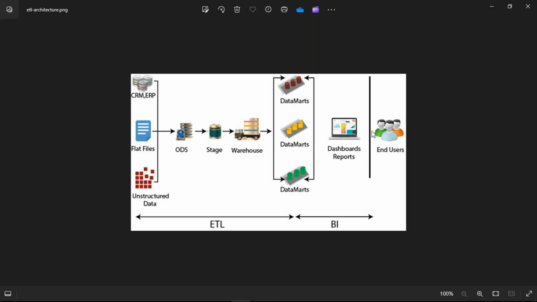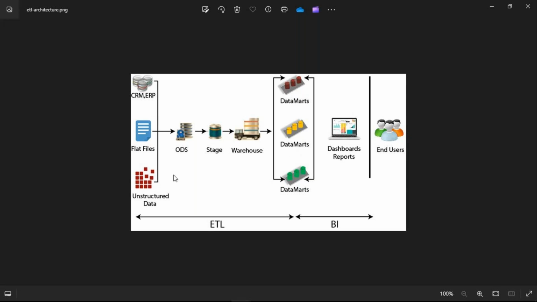These are big authorities or stakeholders from big organizations who take important decisions based on these reports. To generate such reports, we need specific data in a specific manner. So for that purpose, we'll need ETL.